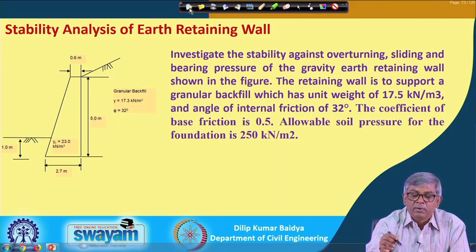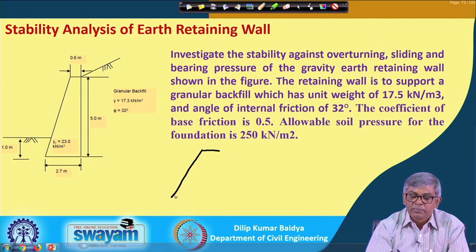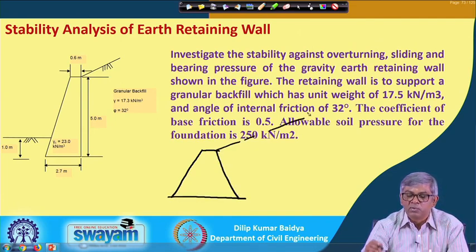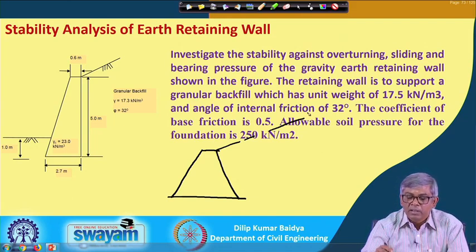Then another type of problem is also possible. Suppose the wall is similar, like this, like this, and in addition to that it has a sloped backfill. Here, what do I have to do? I have to draw a vertical line and go up to this slope.